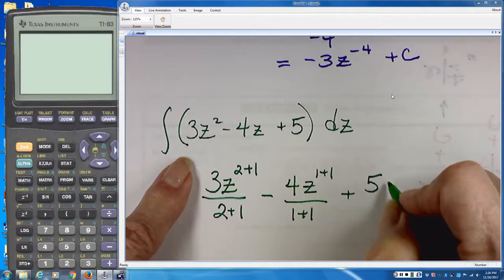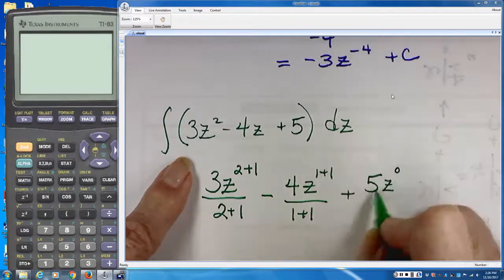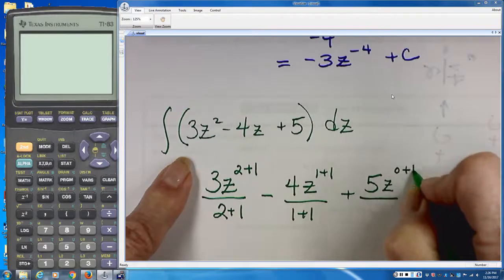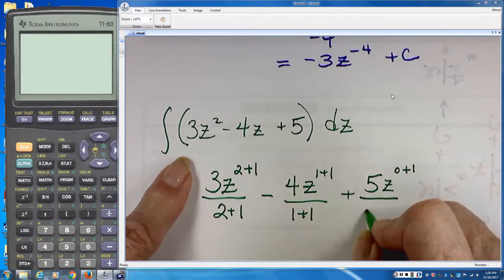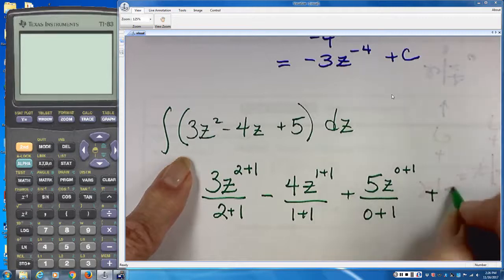We need to add a z to the 0 because we don't have a z and we need one. Over 0 plus 1, and the denominator then is also going to be 0 plus 1, and then we're going to say plus a constant.